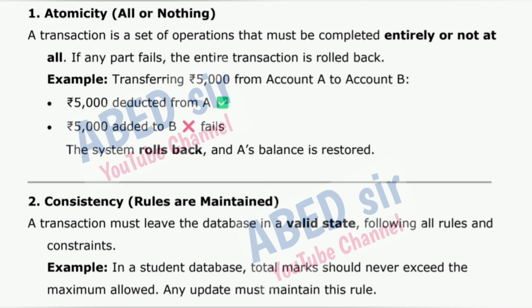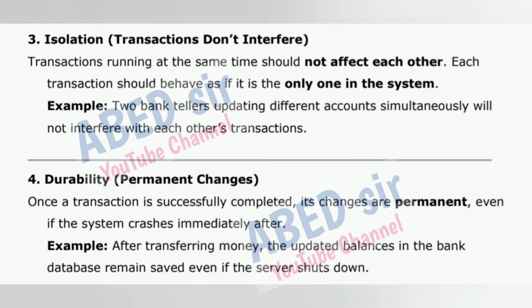2. Consistency. Rules are maintained. A transaction must leave the database in a valid state, following all rules and constraints. Example: in a student database, total marks should never exceed the maximum allowed. Any update must maintain this rule. 3.